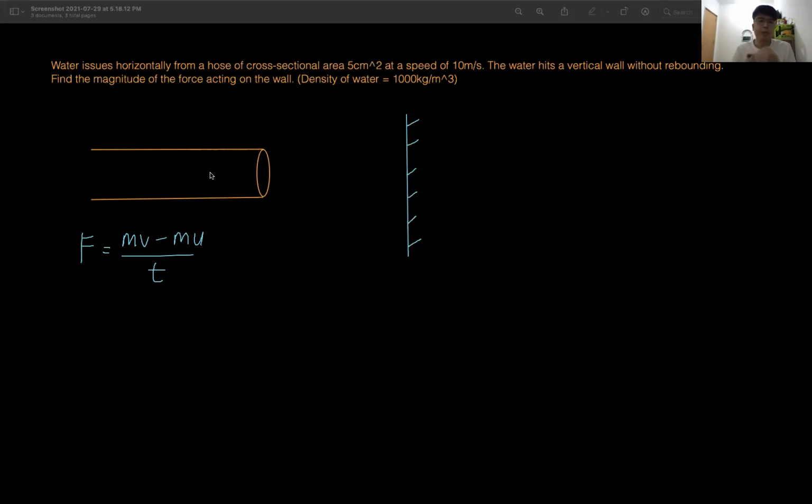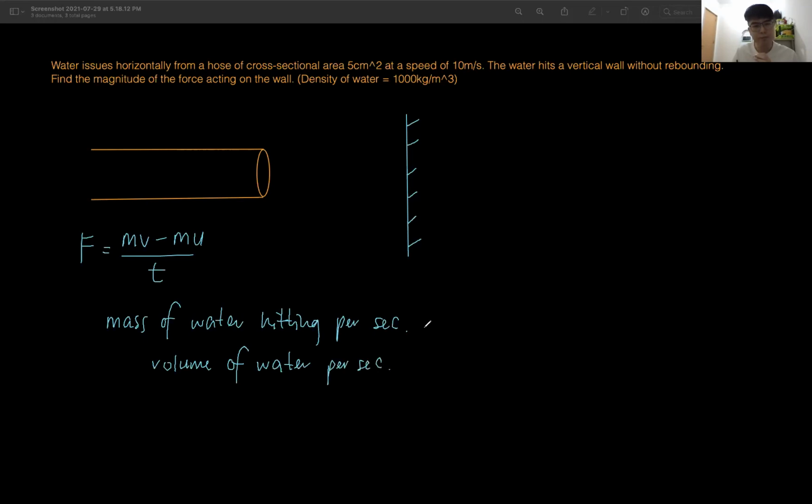So what you can do is take the mass of water coming out per second. What is the mass of water hitting the wall per second? And what is the volume of water hitting the wall per second?